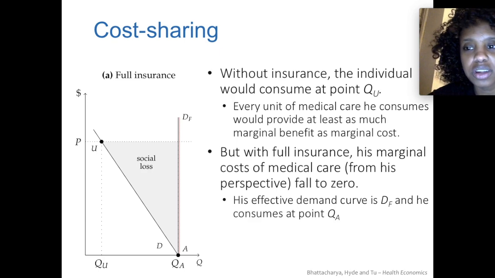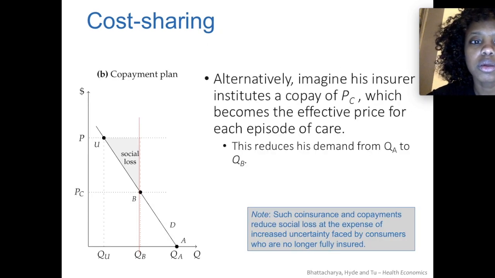Without insurance, you face the full demand curve and the full marginal price of care. Now with a copay, it's kind of cut off right in between. As opposed to facing PU, you face the lower cost of PC, and the quantity of care that you consume is in between QU and QA, at QB.